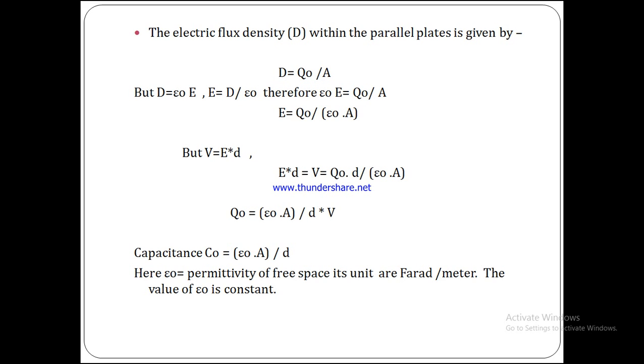Small d is the distance between the two plates, whereas capital V indicates the voltage applied on that capacitor. So up to this point we have discussed the vacuum as a dielectric material in a parallel plate capacitor.